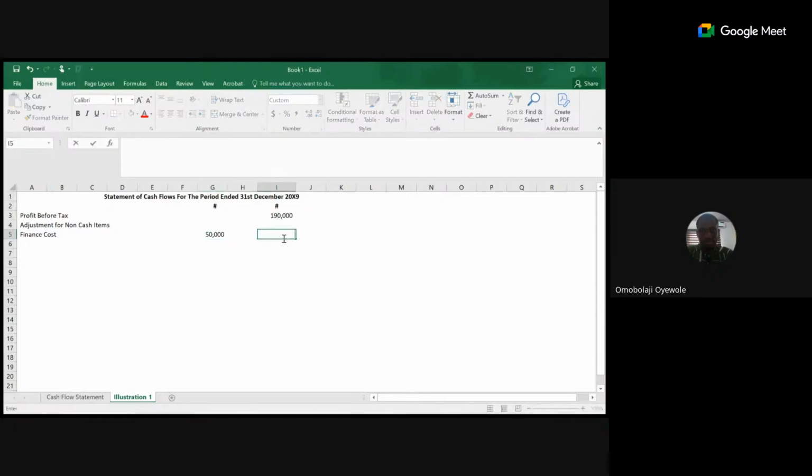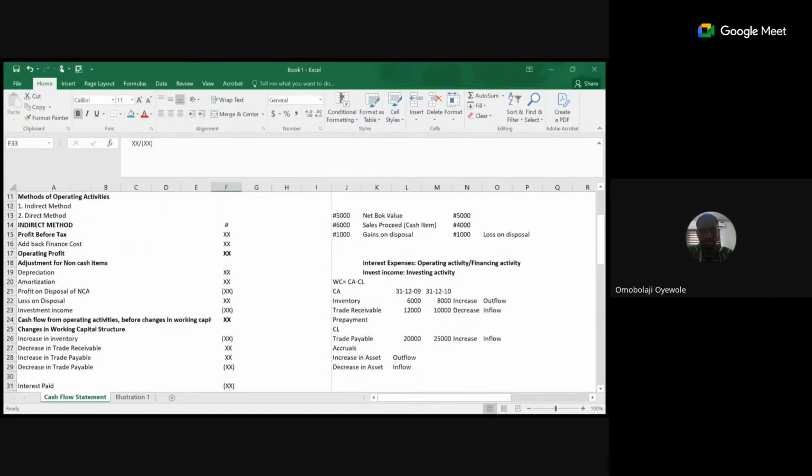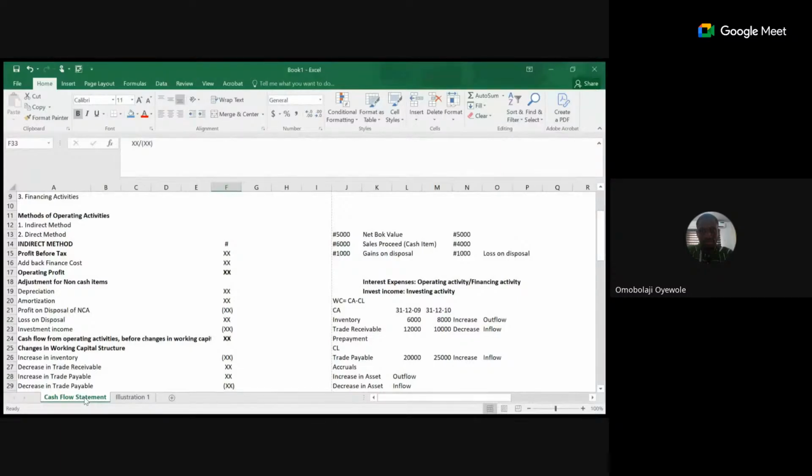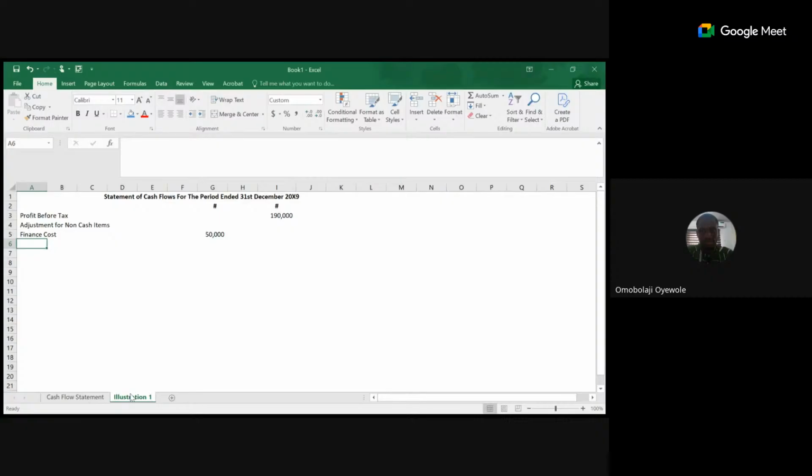Then the next thing after your finance cost, every other non-cash item, like we have rightly stated here: we have depreciation, amortization, profit on disposal, loss on disposal, investment income. Do we have any investment income in the question? We don't, but they said other operating expenses, including depreciation. So depreciation was included in other operating expenses.